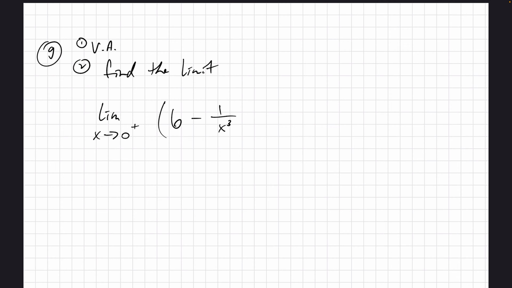Vertical asymptotes and find the limit. Okay, so here we go. The limit as x approaches 0 from the right again. And here's the function, 6 minus 1 over x cubed.